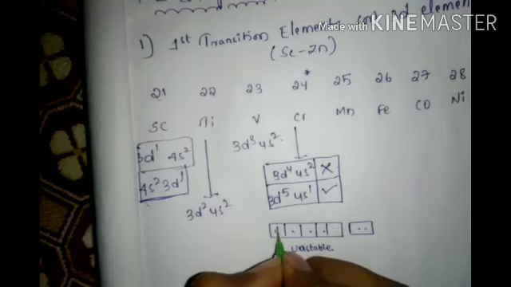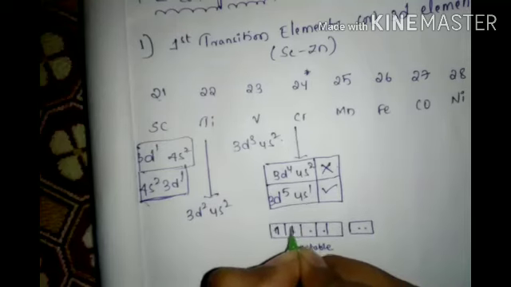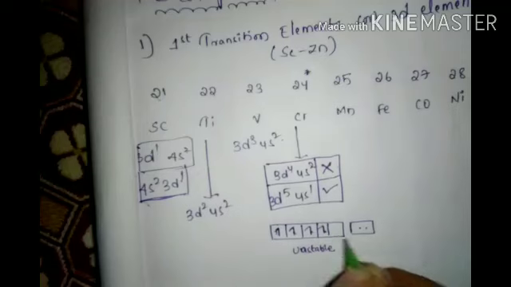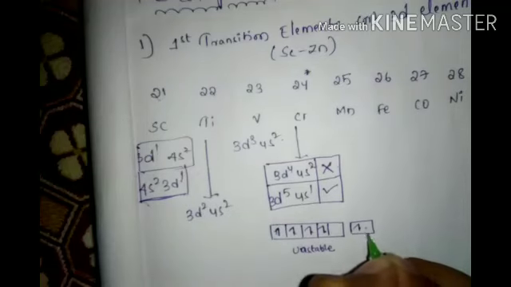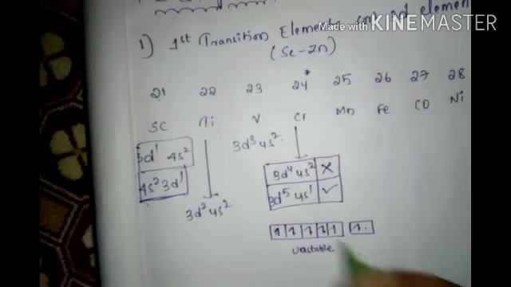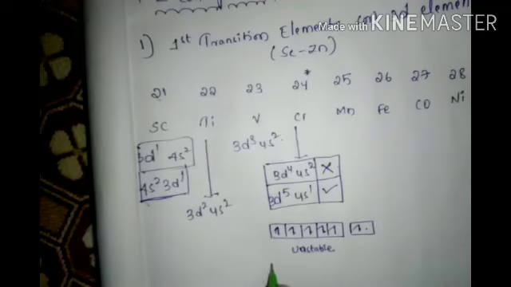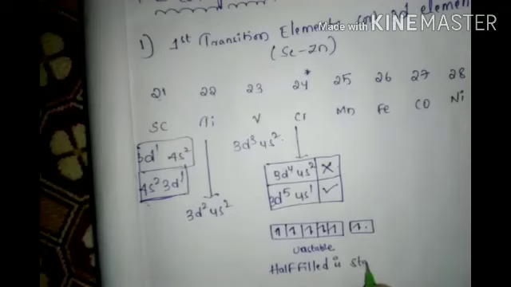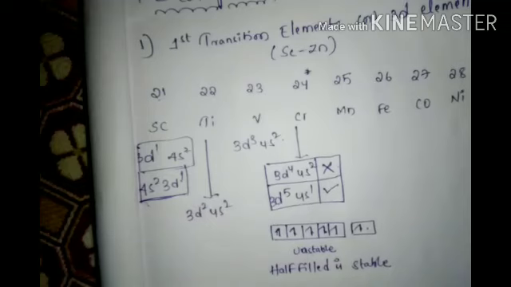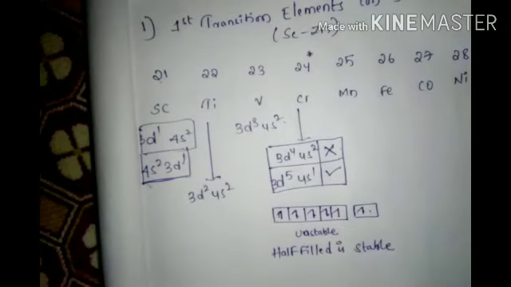So that time, here one electron, here one, here one, here one, and one more electron came here. Now half filled is stable.